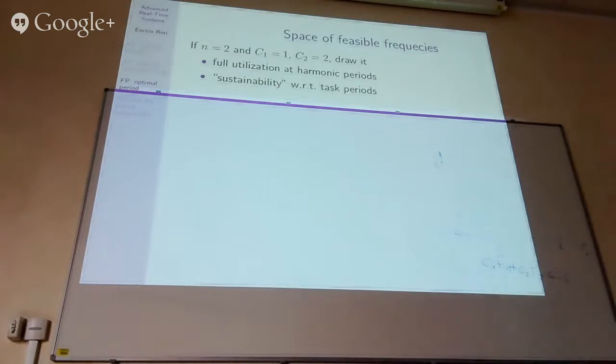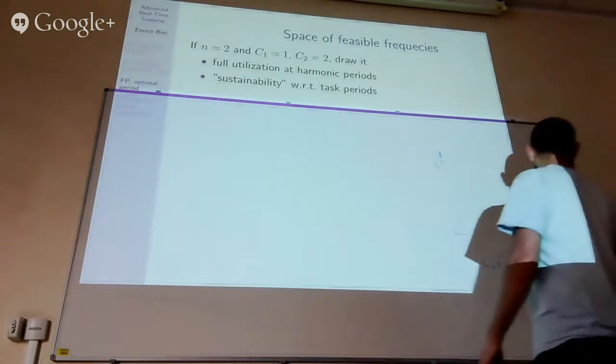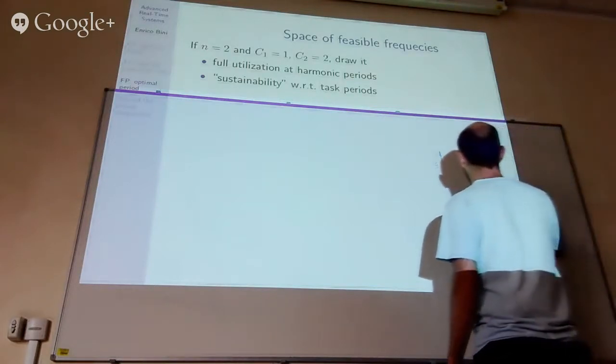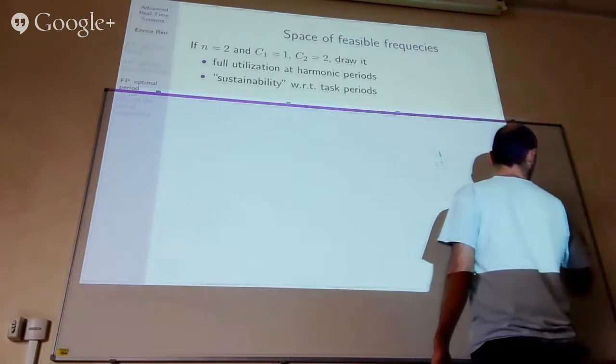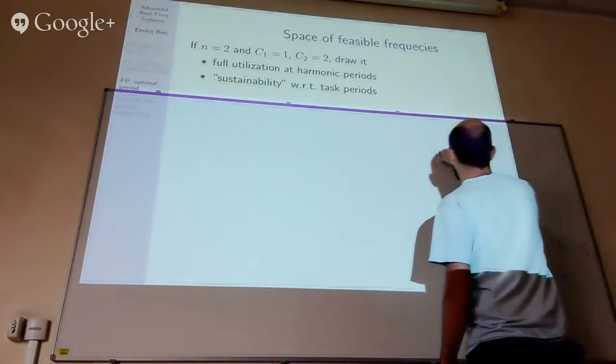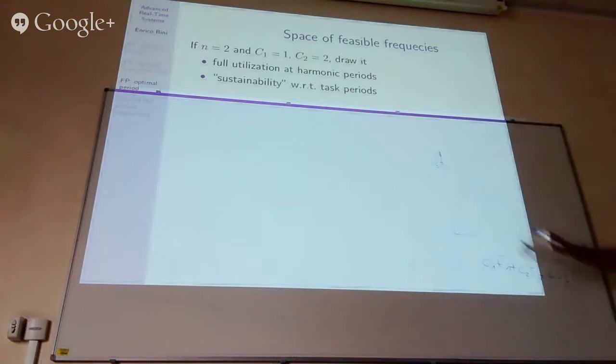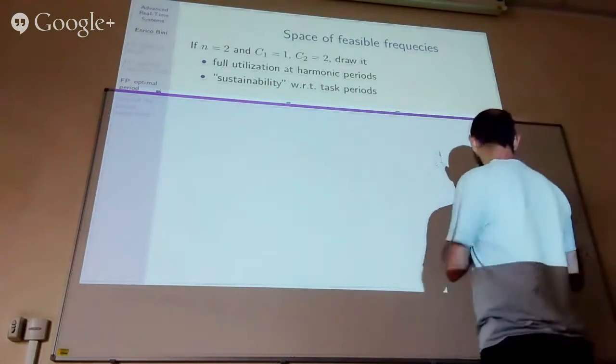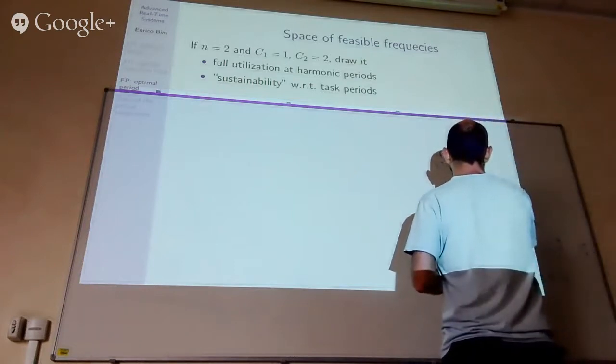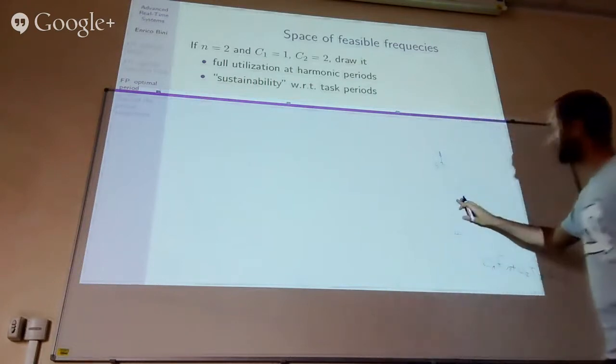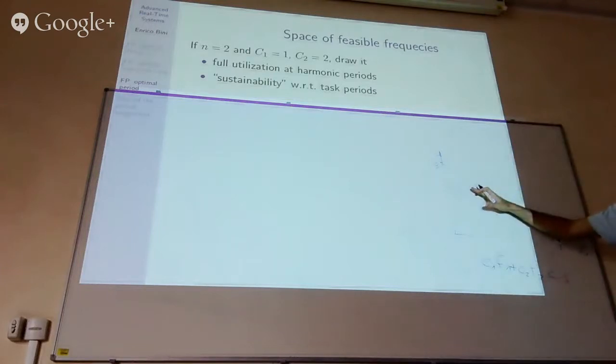With those values, C1 equal to 1 and C2 equal to 2, this region is like this. So no matter what, it has to be inside here, because this is EDF. Then, of course, we have Liu and Layland. So it must be a subset of EDF, and it must be a superset of Liu and Layland. This is obvious, right?